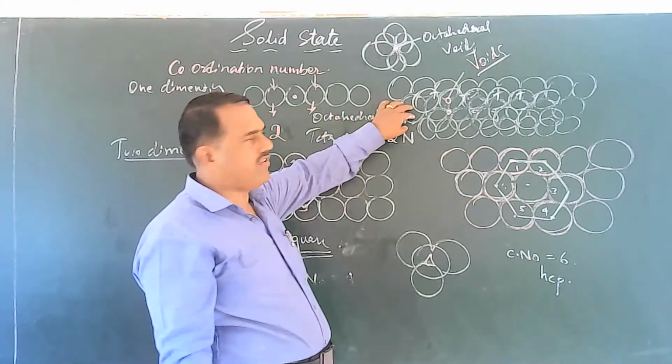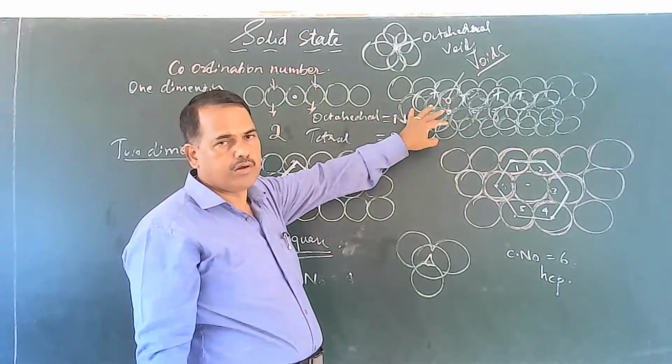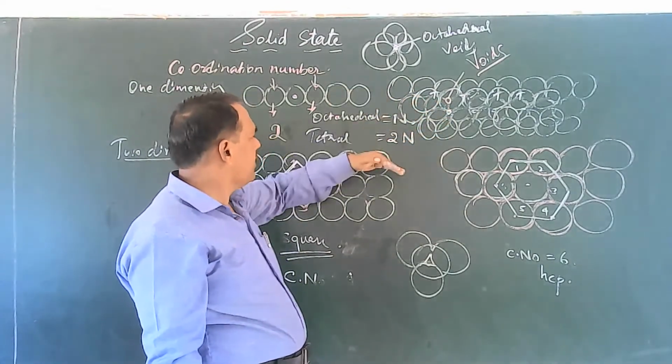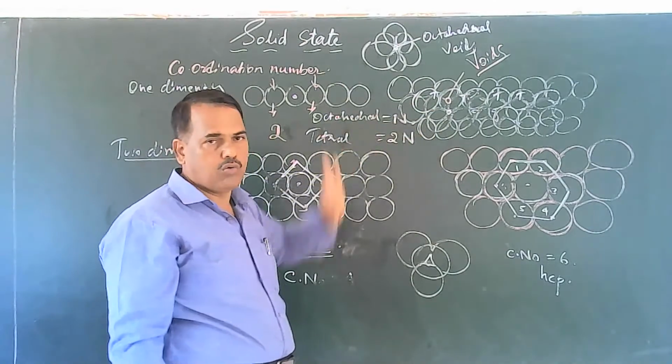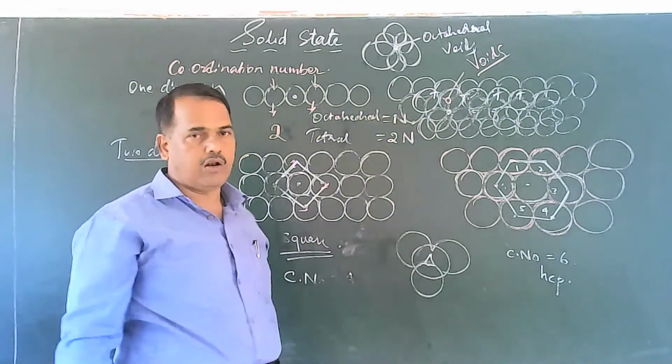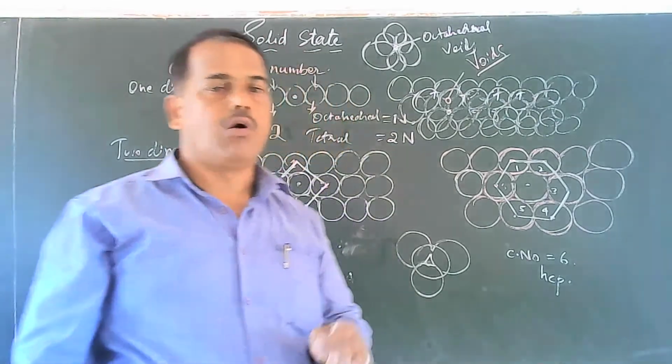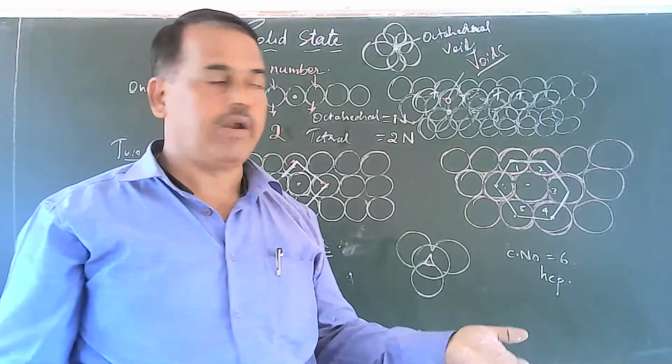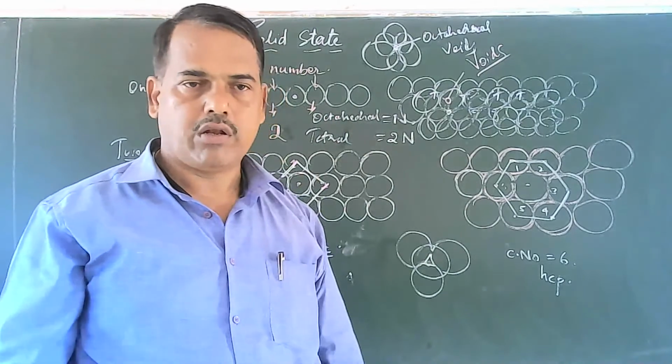See, suppose octahedral voids are 1 in any unit cell, you can find the tetrahedral voids are nothing but 2. If a geometry shows octahedral voids as 10, what about tetrahedral voids? Tetrahedral voids are 20. Are you clear?